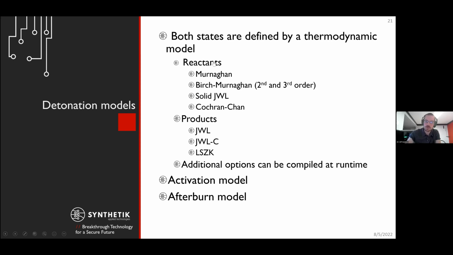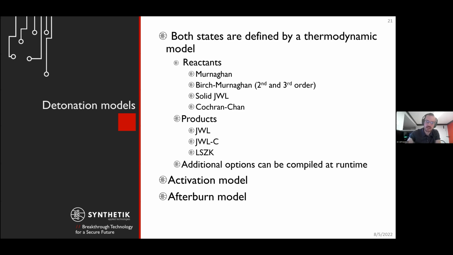So for the reactants, we have, so these are solid equations. So this is going to be Murnaghan, Birch-Murnaghan, second, third order, solid JWL, which is really the same as the JWL we talked about with basically a reference density. And then a Cochran-Shand model. And then for the products, the standard models are JWL, JWLC, which basically just drops the energy dependence and adds an additional offset.